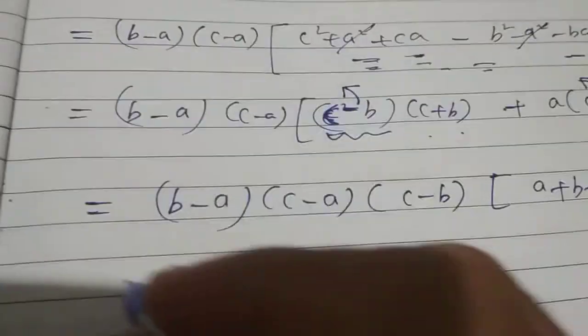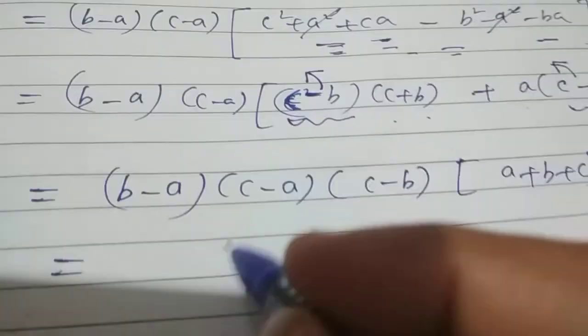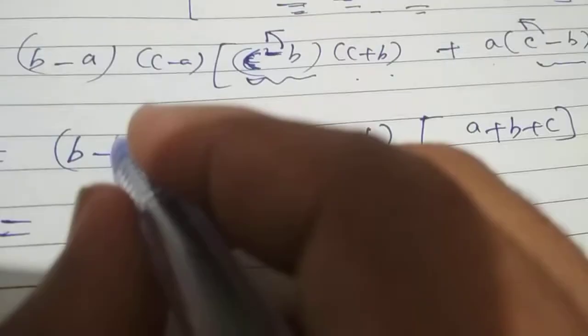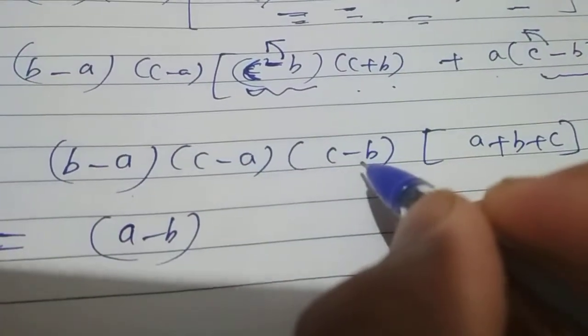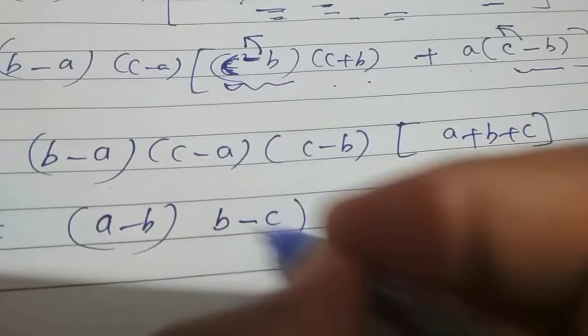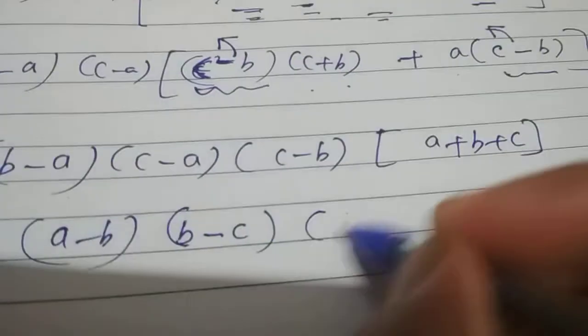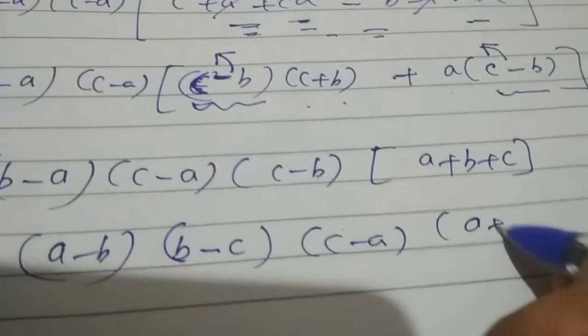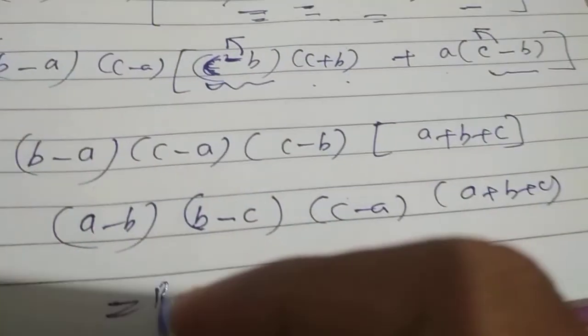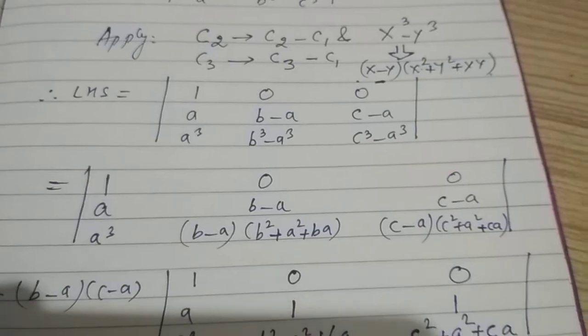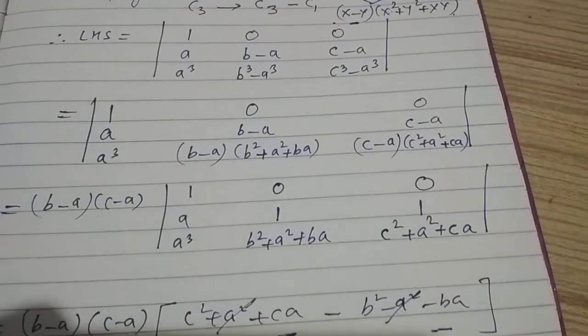Again rearranging terms and keeping in mind the negative sign, a minus b, the negative sign can be adjusted here, writing b minus c, and now c minus a, then a plus b plus c. So this is how we have obtained the right hand side. I hope you understood this problem. If any doubt is there, you can ask it.